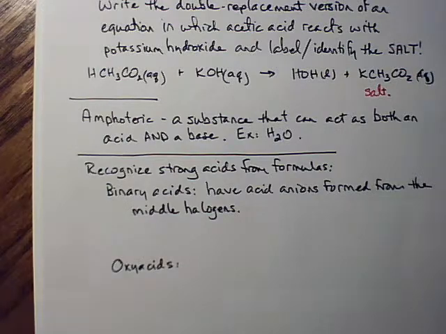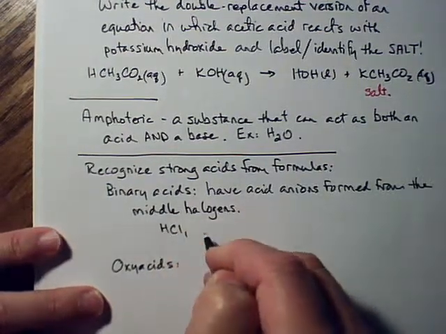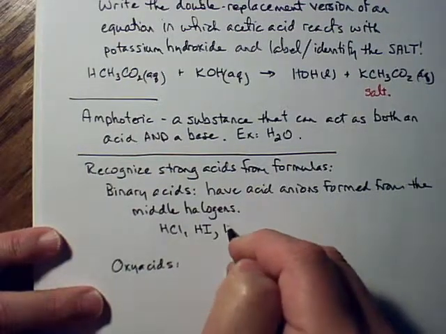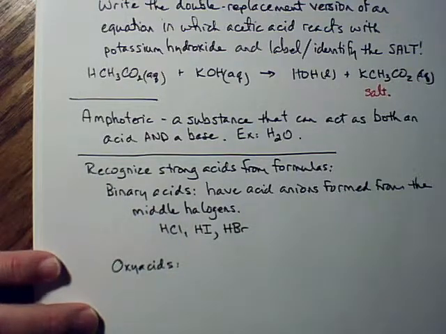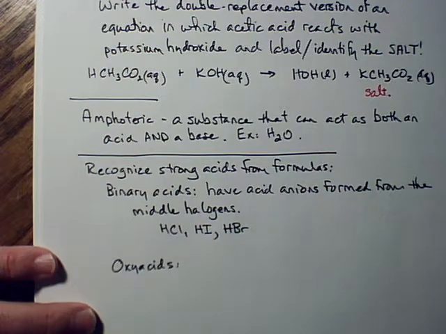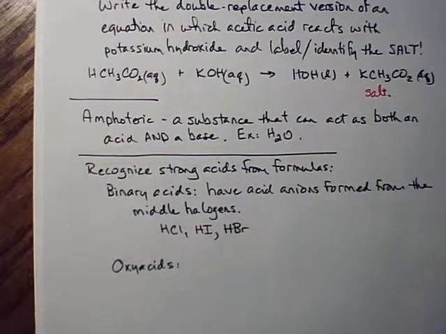So any acid with one of those as an anion, that would be HCl, HI, and HBr. I didn't write them in order. Any of those three are the strong binary acids. Any other binary acid is going to be weak. Makes it pretty simple. Those are the only strong ones.